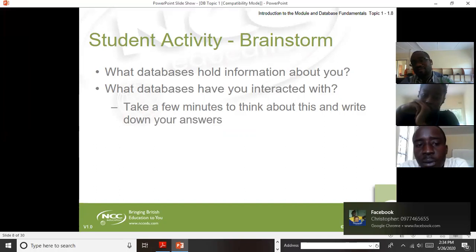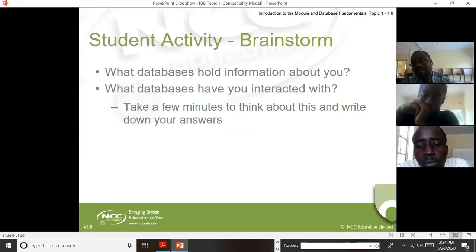It holds your name, your student number, the courses that you are doing, the contact addresses including the phone numbers, and other things like status. Even at workplaces, hospitals and phones, databases hold certain information. So there are things that databases keep about you, isn't it?